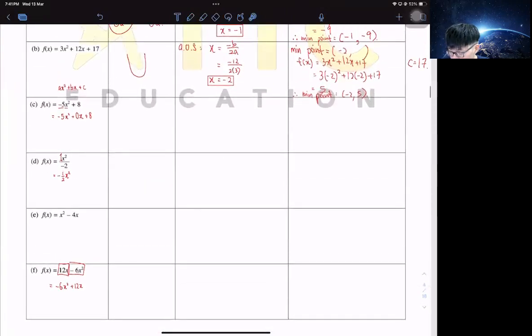Now your turn. Finish this whole section for your own good.